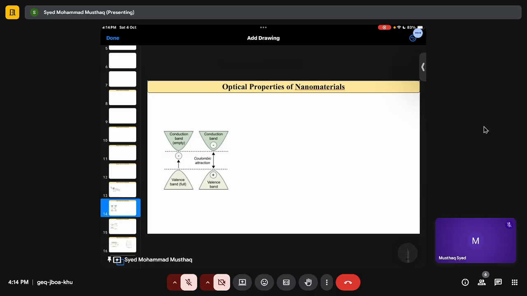right? So before moving into this, we need to know the energy gap between your conduction and valence band. Just like here, you have your valence band VB, and then you have your conduction band CB. Now this is my band gap.